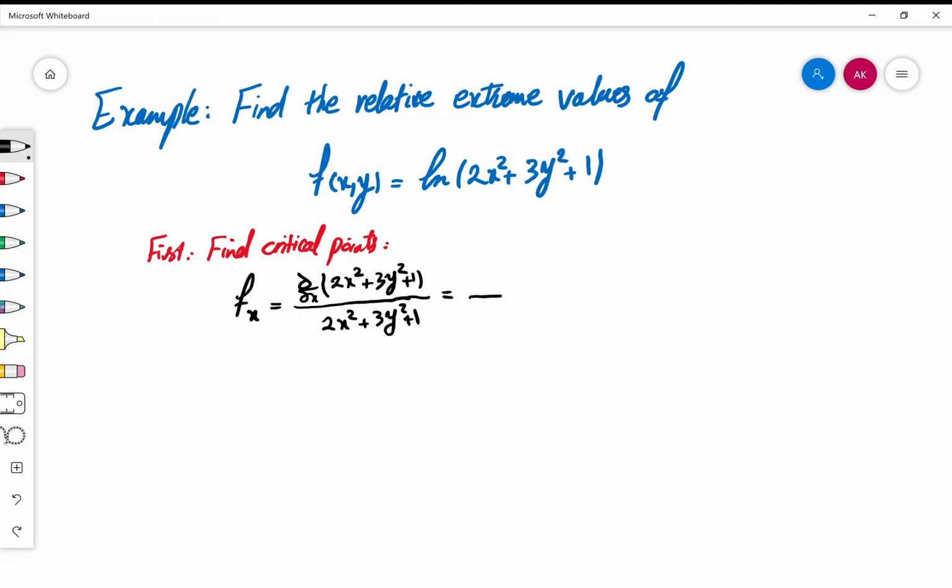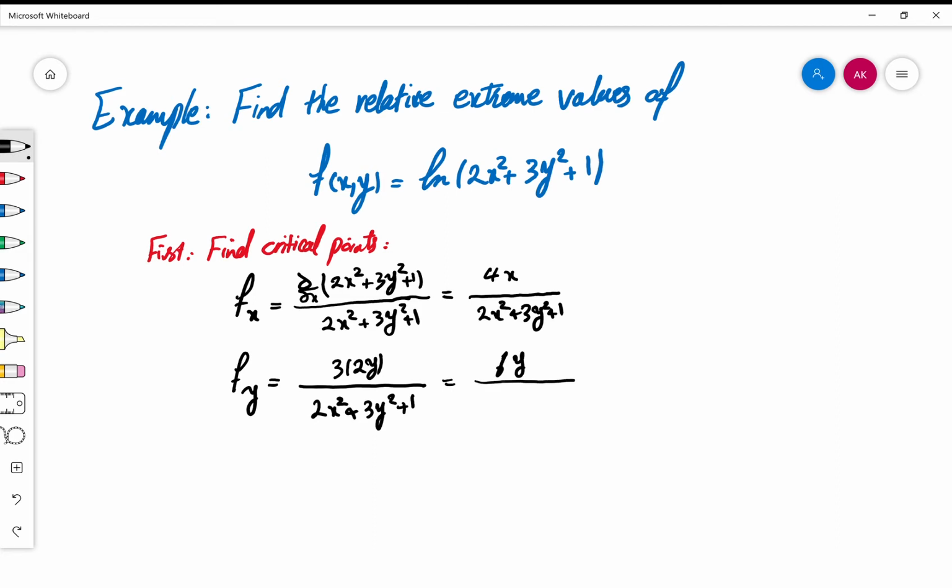The numerator is going to be 4x over 2x² + 3y² + 1. And we need to find fy. A very similar computation shows that we will have 3 times 2y over 2x² + 3y² + 1, and this is 6y over 2x² + 3y² + 1.